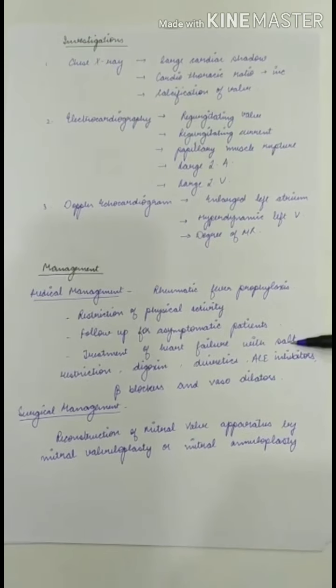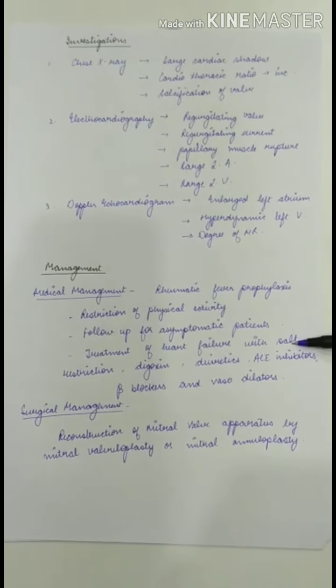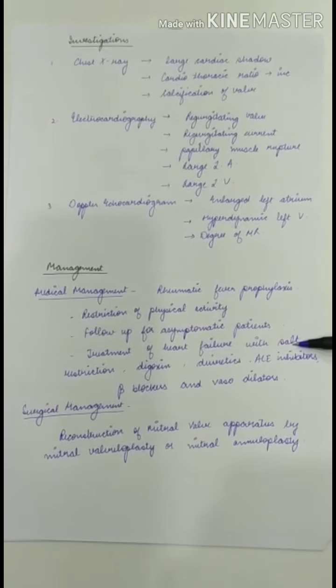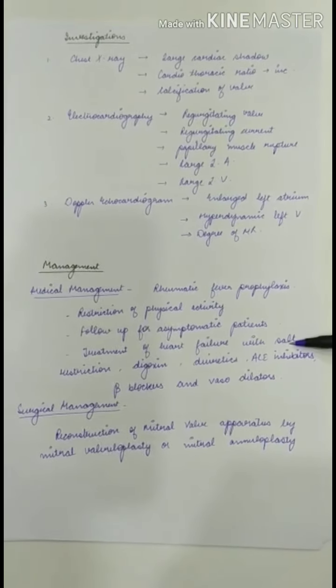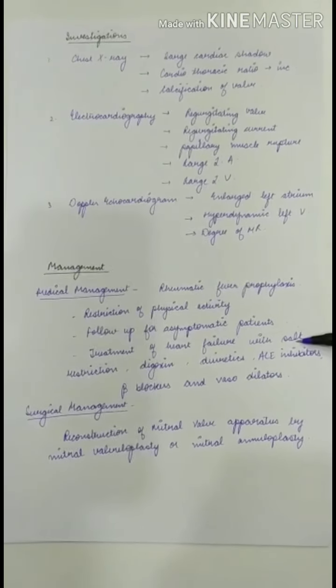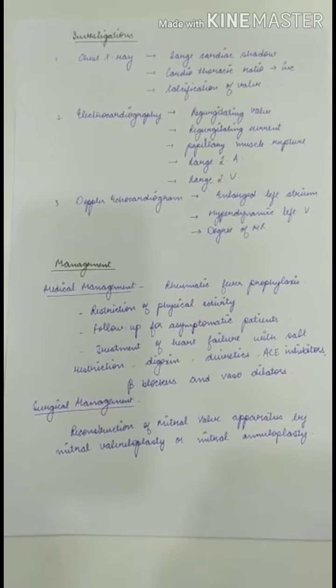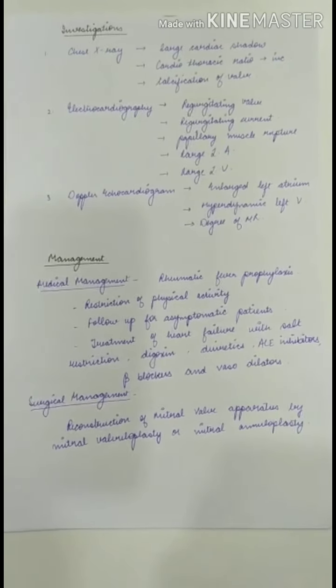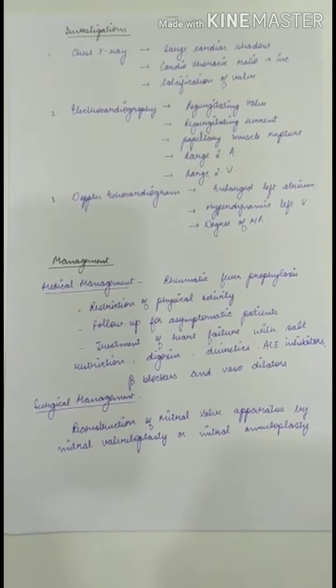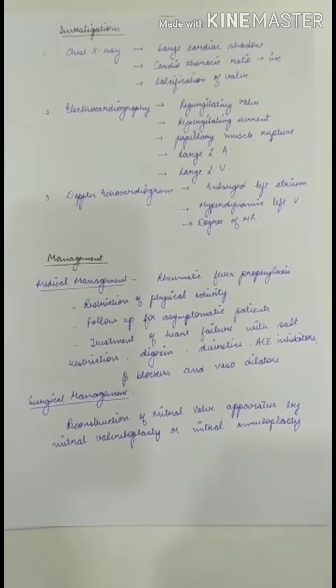Surgical management includes reconstruction of the mitral valve apparatus by mitral valvuloplasty or mitral annuloplasty. The indications for surgery include acute mitral regurgitation, chronic severe mitral regurgitation, and asymptomatic or symptomatic patients with mild or moderate left ventricular dysfunction.